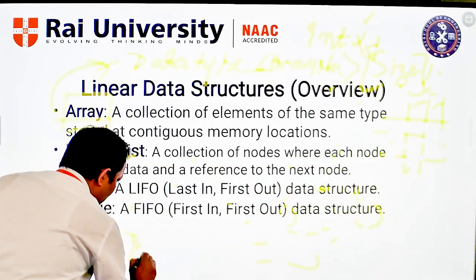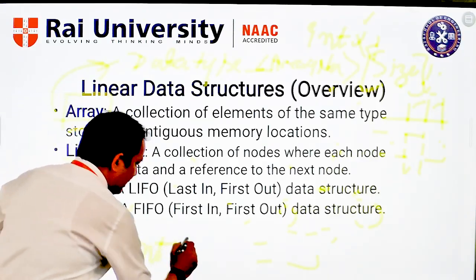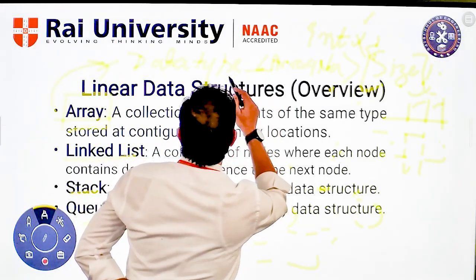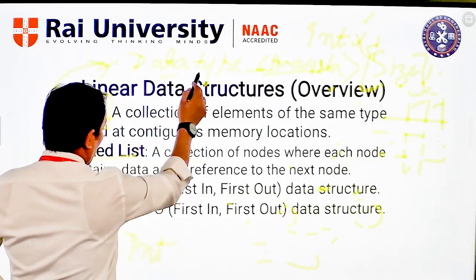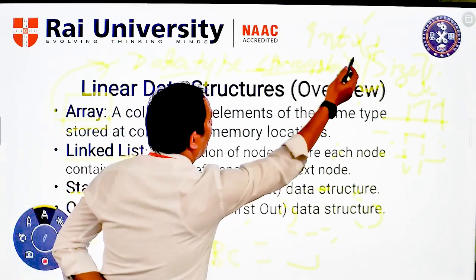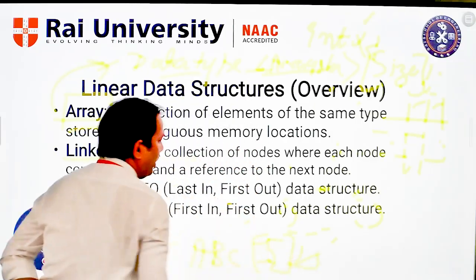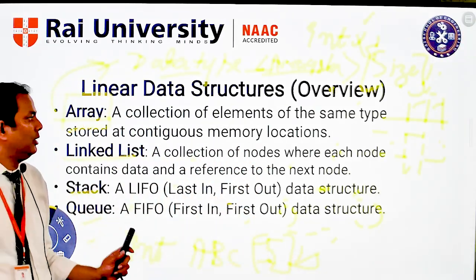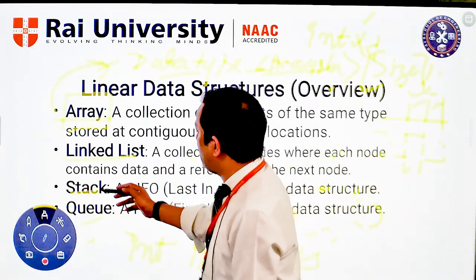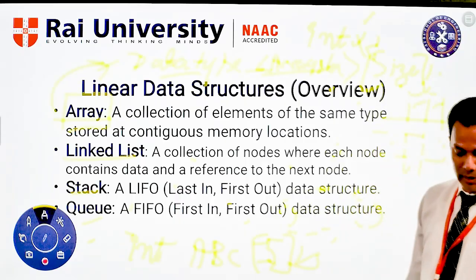Suppose I want to declare an array with int, and after that I have to give the name of the array. Data type is int, name of the array, suppose I am writing ABC, and then I declare the size 5. So this is how an array is declared. Like that we have linked list, stack and queues. These are the different types of data structures which we will use for further processes.